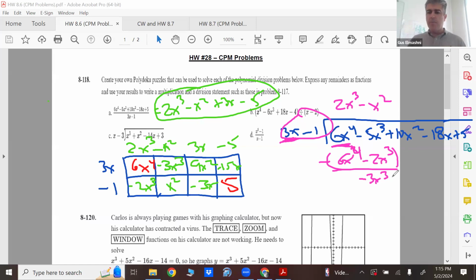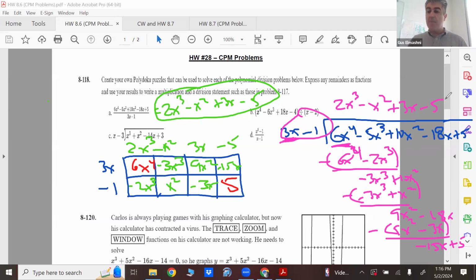Let me bring down that 10x squared, negative 3x cubed plus x squared, subtract it, 9x squared, minus 18x. Do it again, plus 3x, 9x squared, minus 3x, negative 15x, bring it down. It just gets crazy, you know?